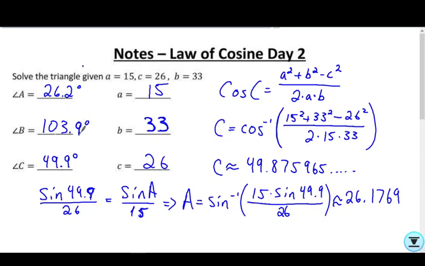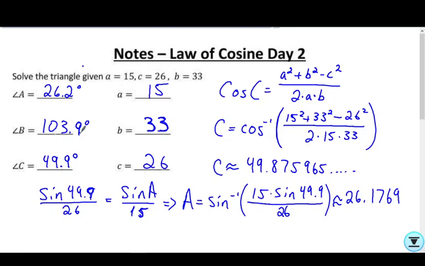If you had gone straight to angle B first, finding your second angle, you would have gotten the acute angle in the first quadrant, and it wouldn't have looked correct. Technically you could have used the law of cosines to find all three angles, or to find two angles and then subtract from 180.